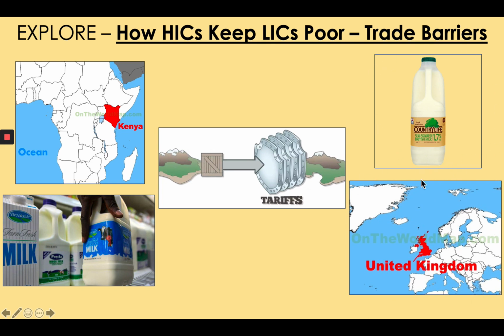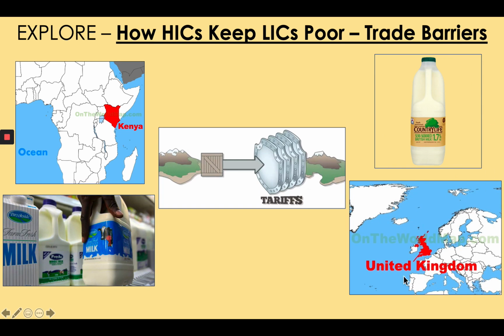As a result, the government wants to make sure they are happy and they have their jobs. Here's how this works. The tariff makes the product from another country more expensive than the product made in England, which means that this product made in England is sold more, and so the UK farmers continue to make a good income.